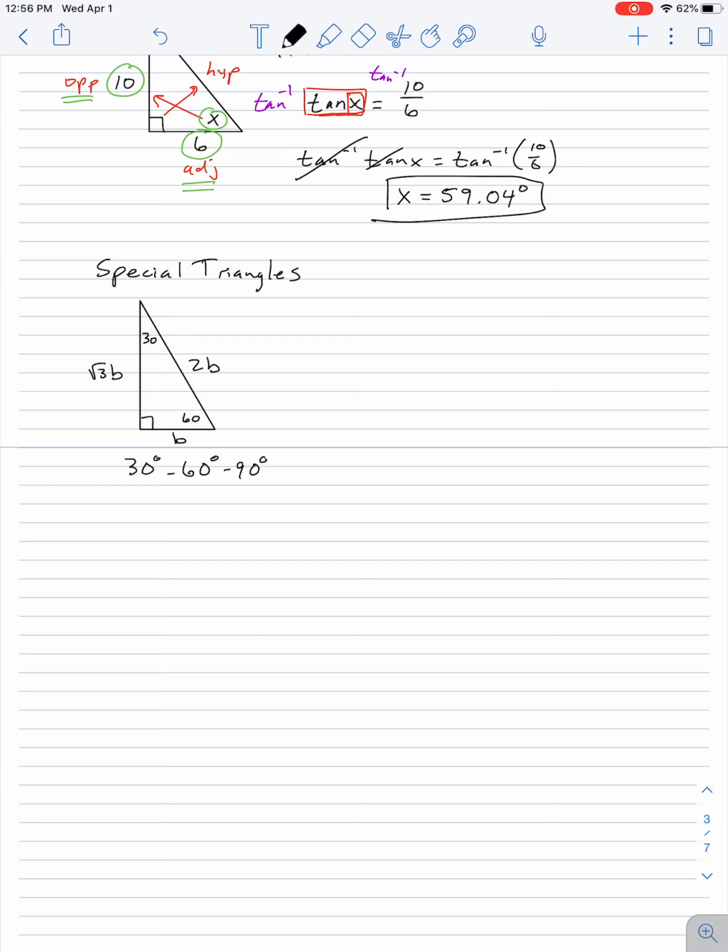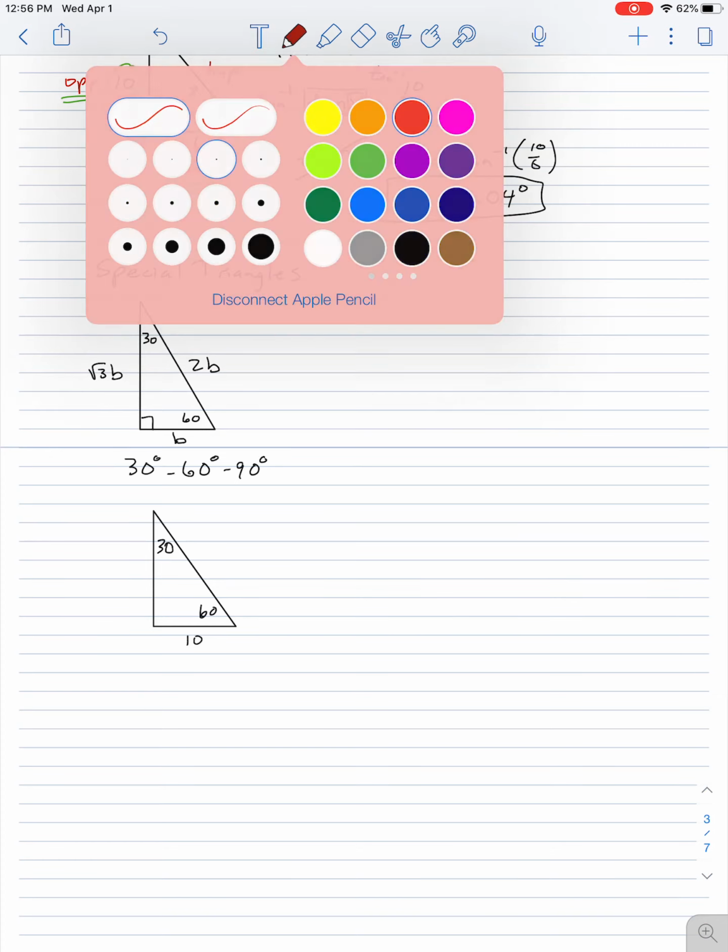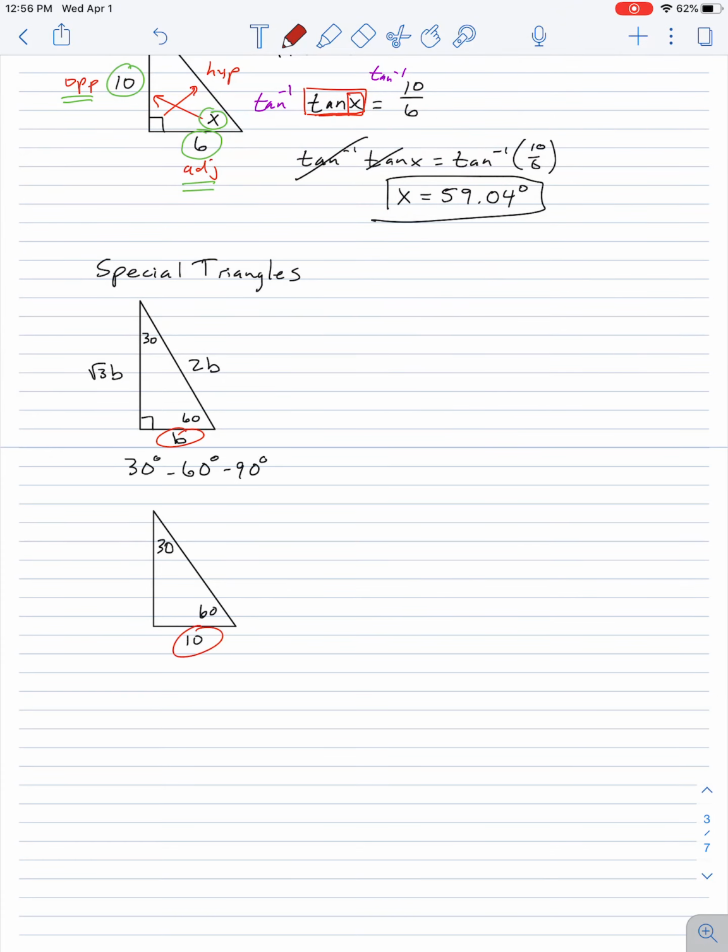So say, for example, let me show you what this means with numbers. Here's my 30, 60. And say this side is 10, okay? That's my B side. If we match these up, this is my B side.